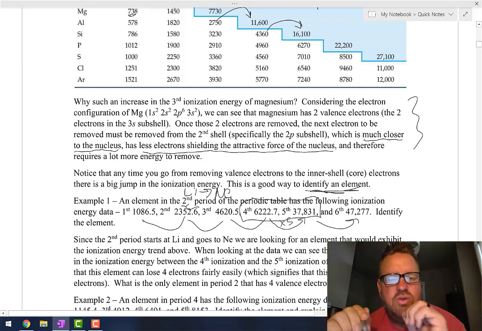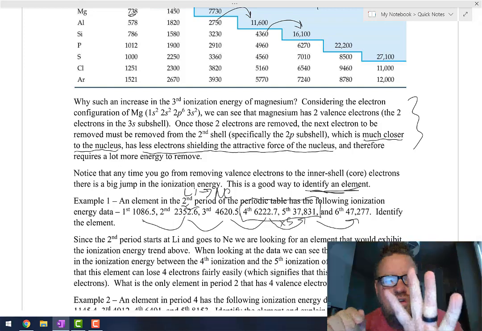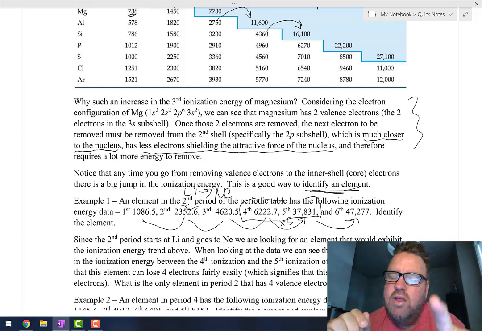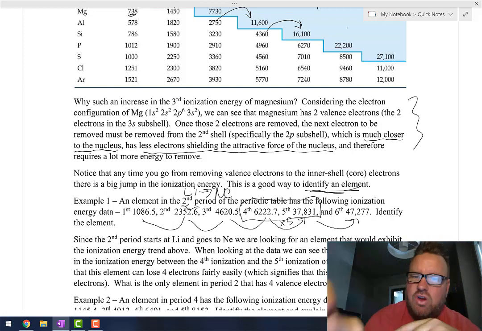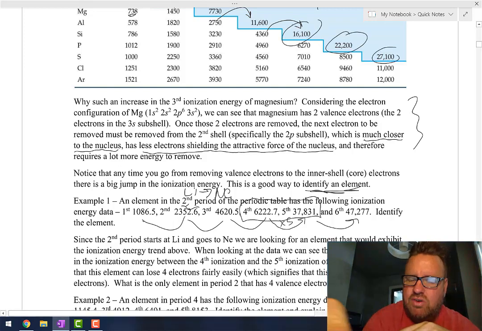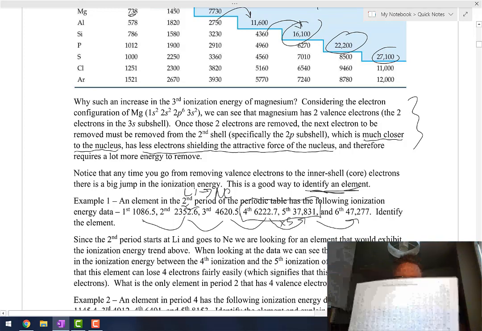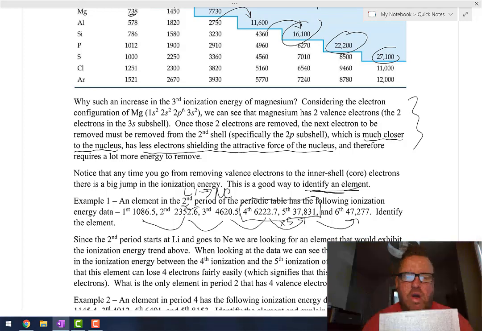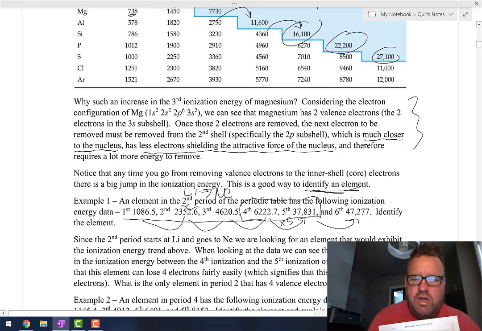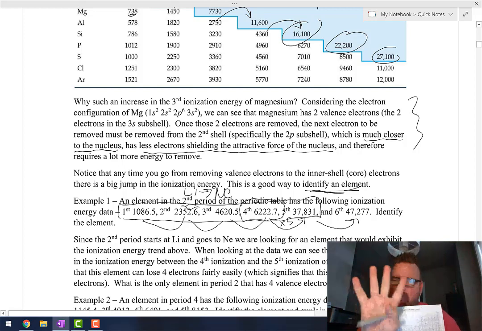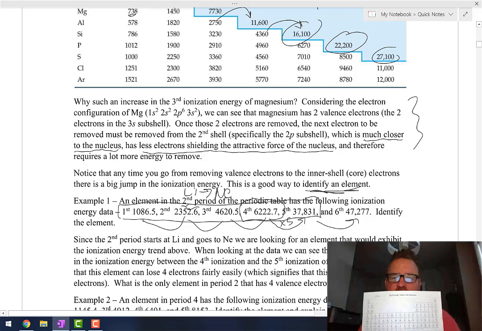And what that tells you is that 4 electrons can get lost fairly easily. But then that fifth one now is an inner shell electron. So how do we know what element it is? Well, now we go back to the periodic table and ask, what's the only element in period 2 that has 4 valence electrons? Because remember, 4 electrons could get taken away fairly easy.